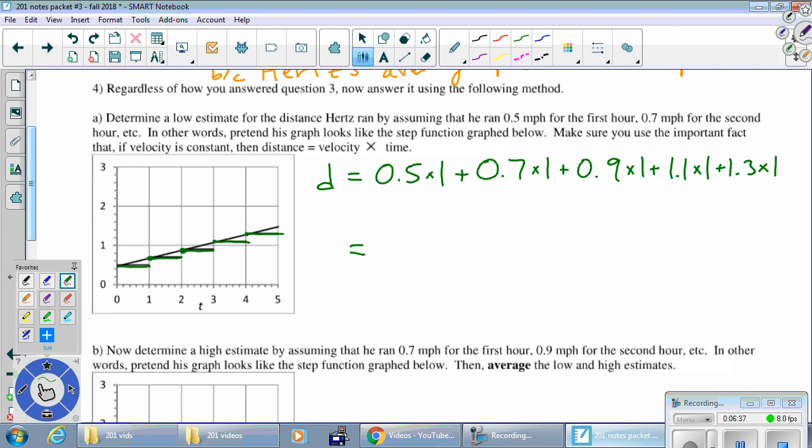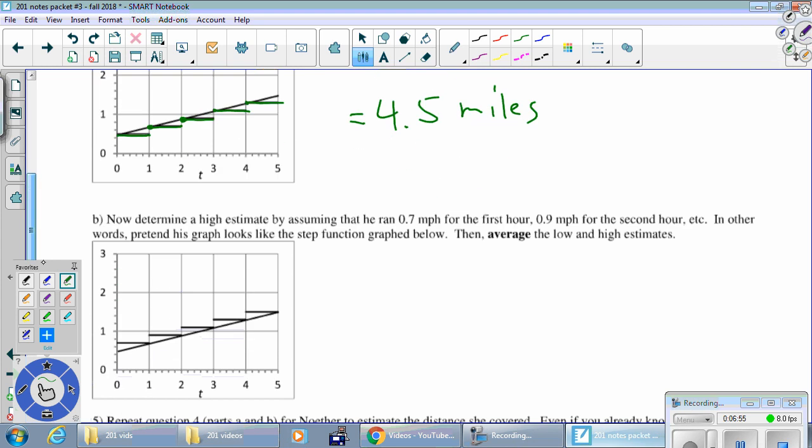Okay, and so we smush all these things together, 2, 3.2, 4.5. 4.5 miles is our underestimate. Clearly, it's an underestimate, and yeah, I mean, we knew the right answer is going to be 5 miles, but this is a good start. 4.5 miles for an underestimate.